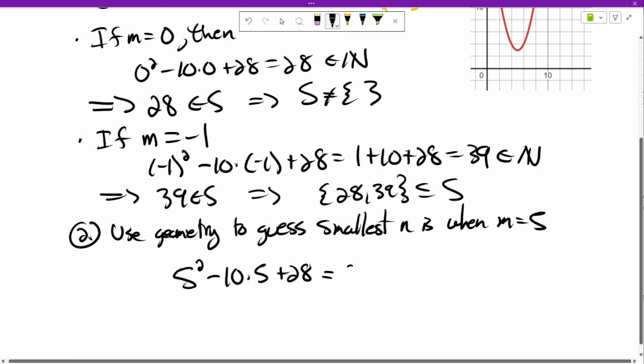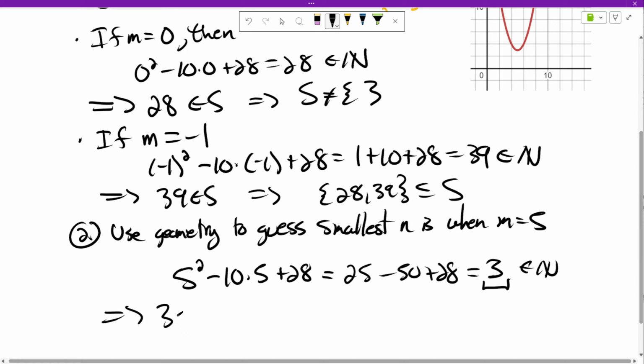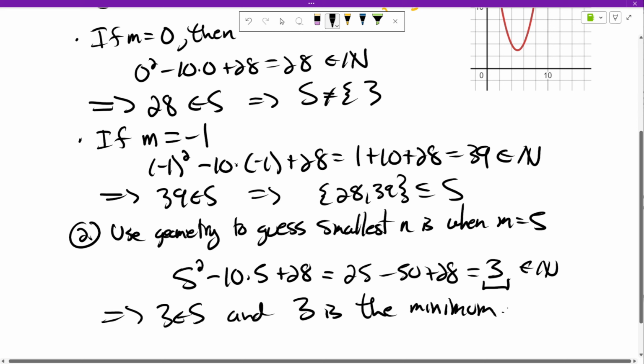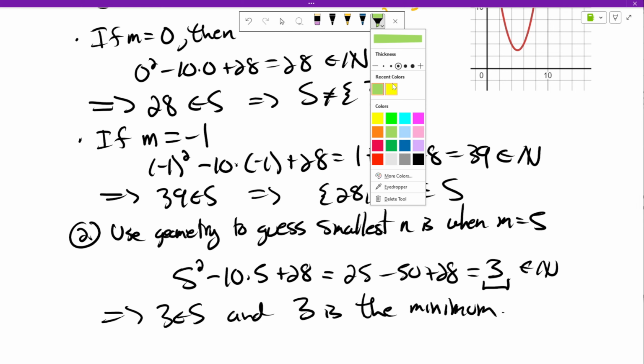And so that's 25 minus 50 plus 28. And that is, if I can do math this morning, 3. So the least element of S seems to be 3, because 3 is a natural number, and we learned that 3 is the minimum from what we know about parabolas. In the picture up here, so this is the answer. 3 is the least element.